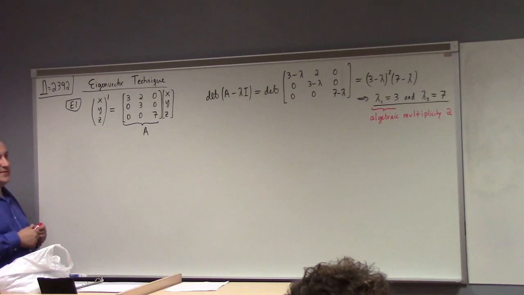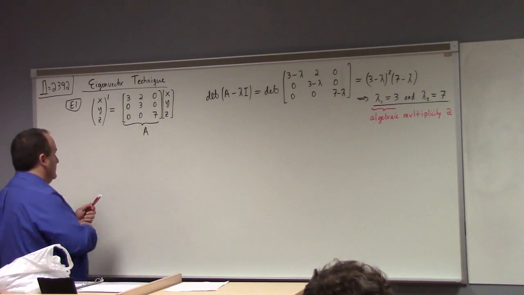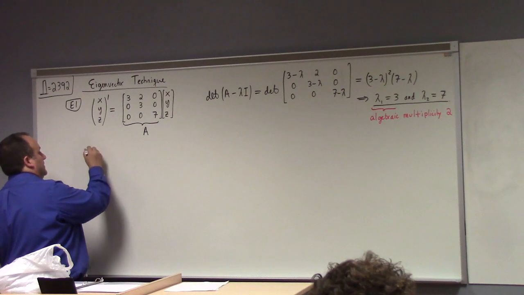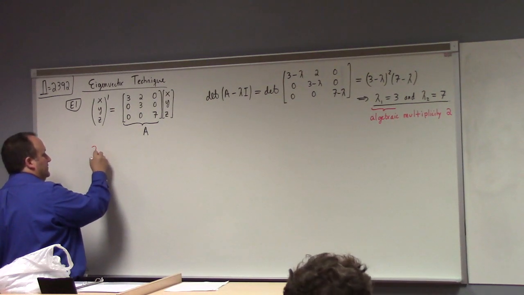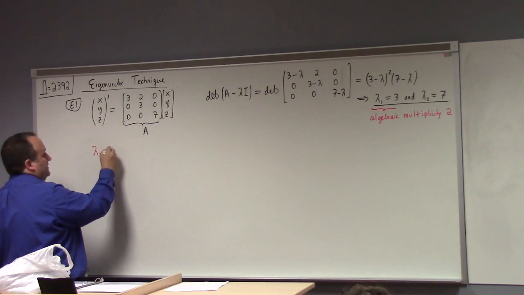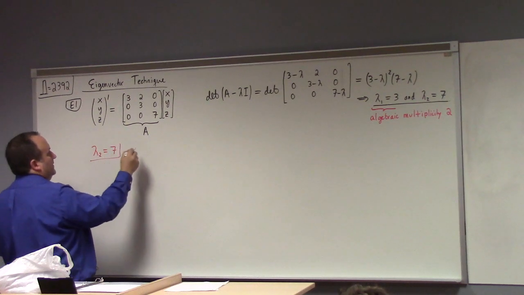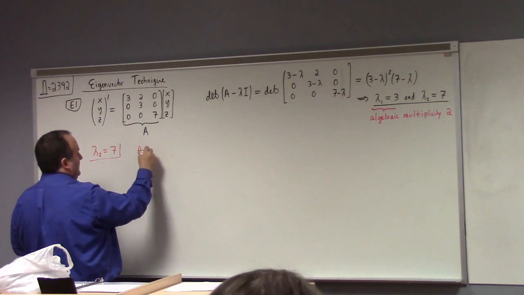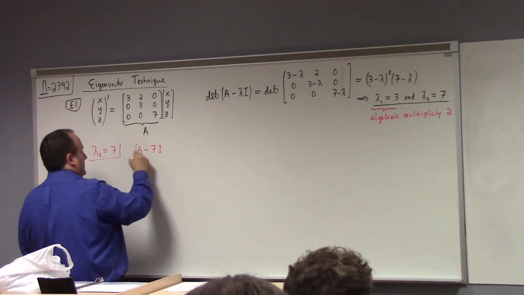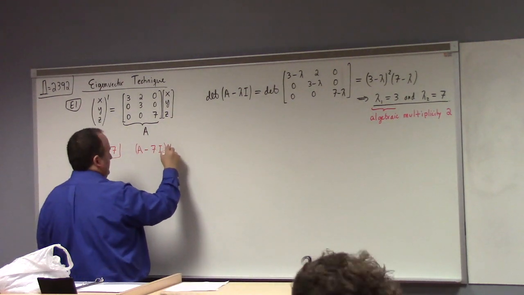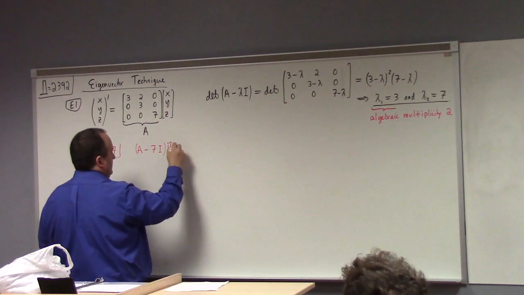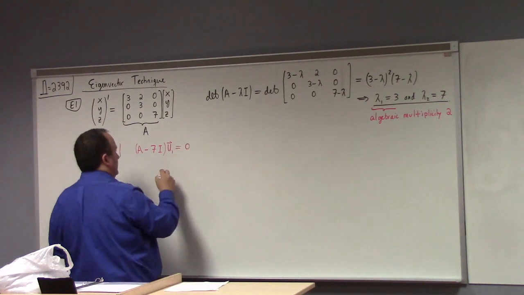Okay, so let's do the easy part. Let's find the eigenvector with eigenvalue 7. What are we up against here? Lambda 2 equals 7. I'm looking at A minus 7I times, let's call it u1, equal to 0.